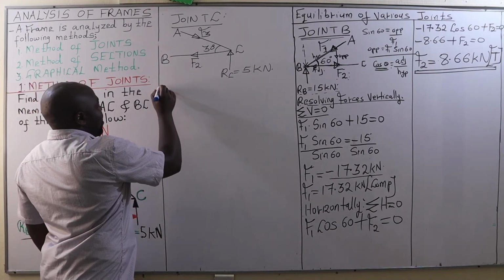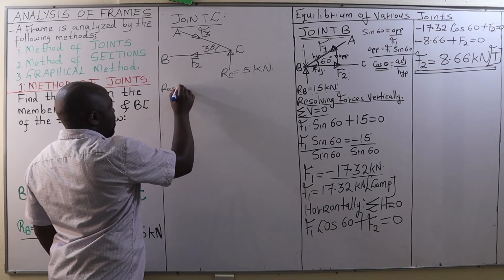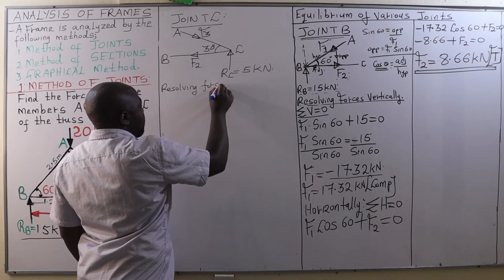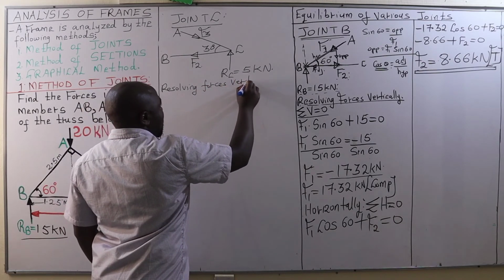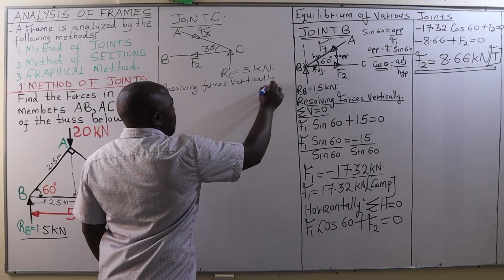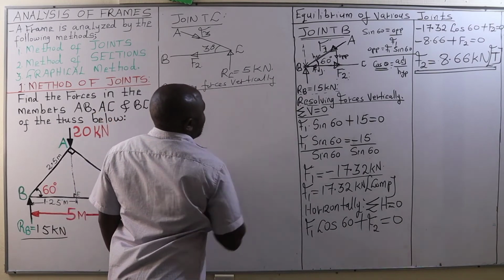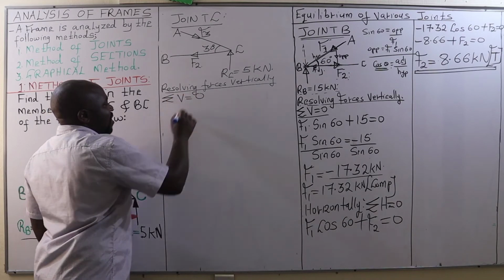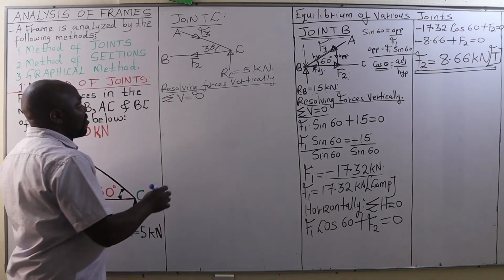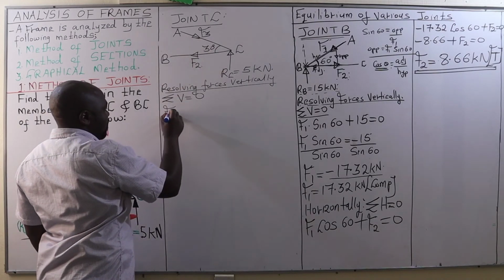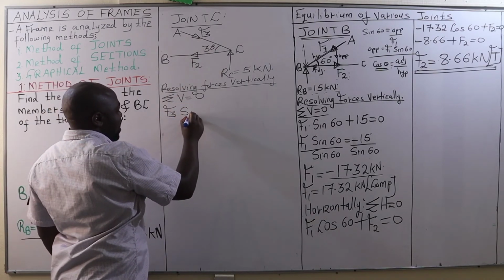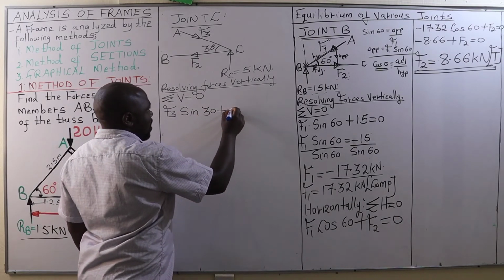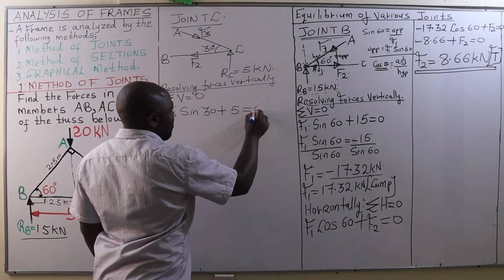Now, resolving forces vertically, and applying this principle of summation of all the vertical forces being equal to 0, we are going to have F3 sine 30 plus 5 kilonewtons is equal to 0.